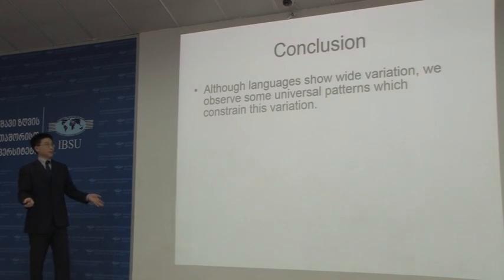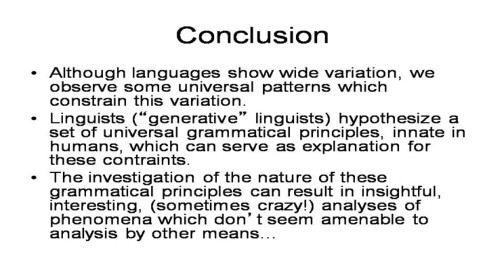So basically, there are some universal patterns which constrain variation among languages. Linguists take the perspective that there's a set of universal grammatical principles which constrain these languages. Innate universal principles. That's what linguistics is about. And as I say, it can result in insightful and interesting analyses.